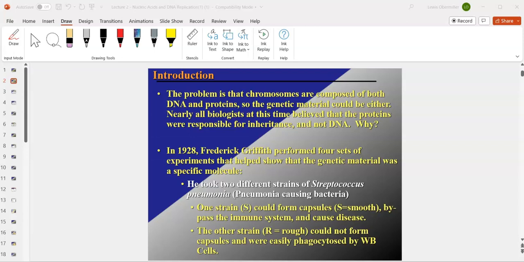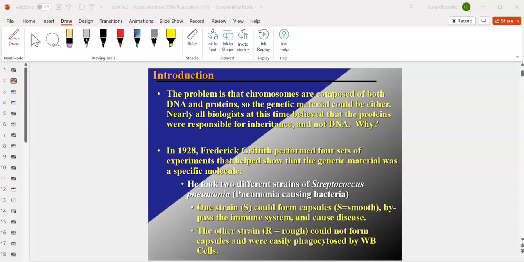You can look it up on a table. So, what do you think would make a more complex language, something that has the ability to make a human being, for example? Would it be something with four letters or something with 20 letters? Most people would agree that 20 letters can create more variation than four letters, and so that's why most people at the time believed that protein was the genetic material and not DNA.